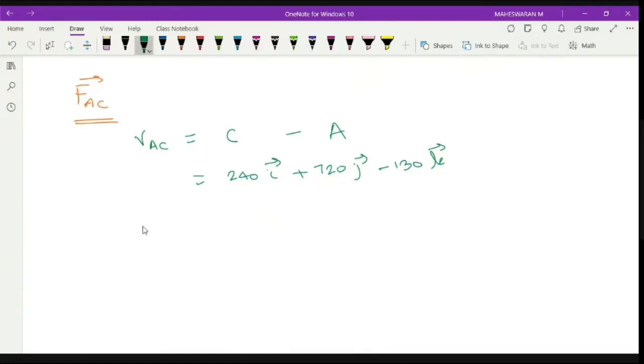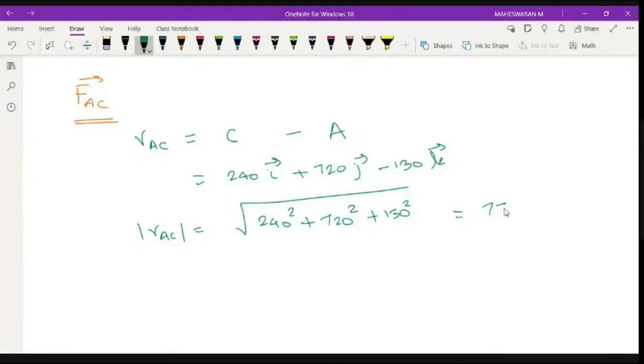So what I have to do is identify the modulus of RAC now. Modulus of RAC is nothing but root of 240 square plus 720 square plus 130 square. Right? What is the value of RAC? So it is 770 Newton, whatever it is, right?